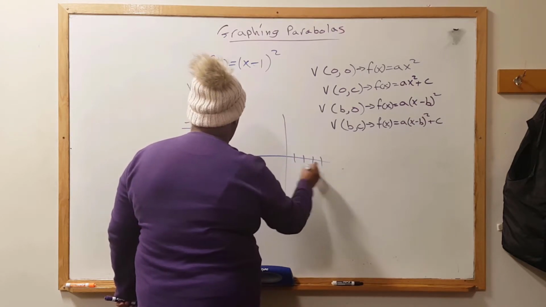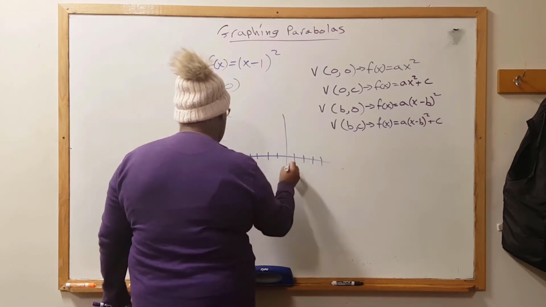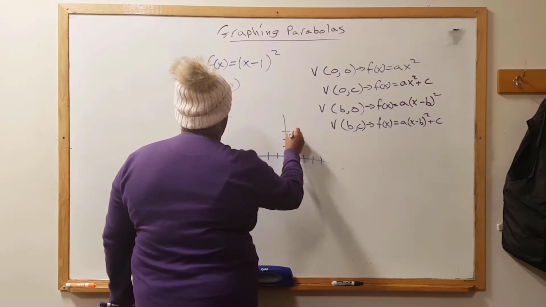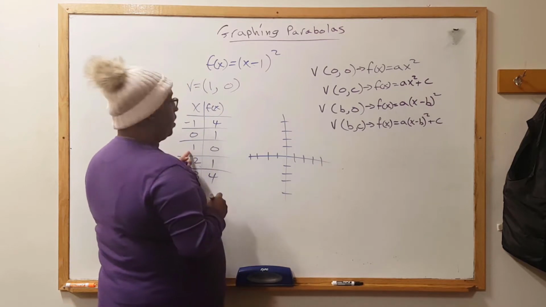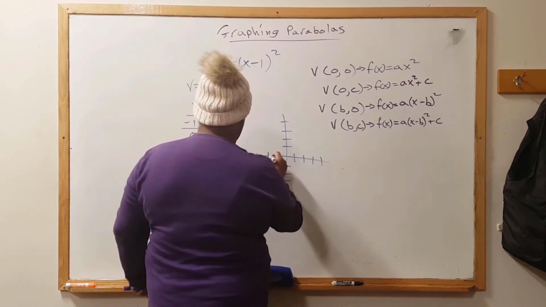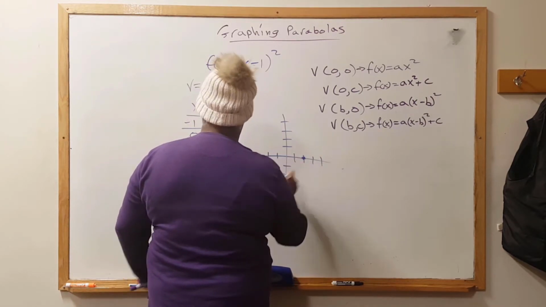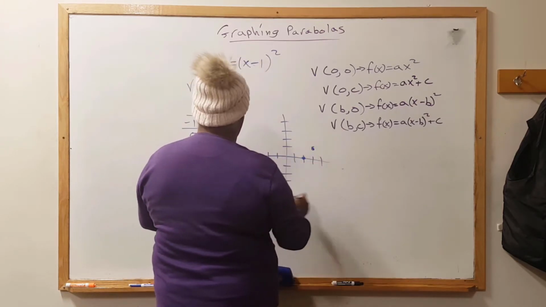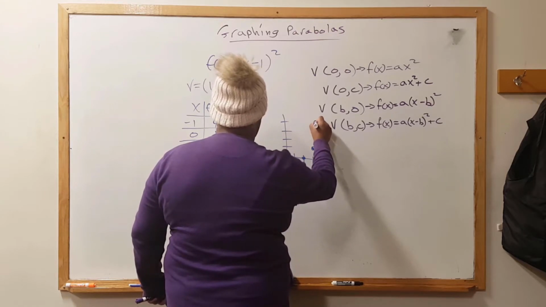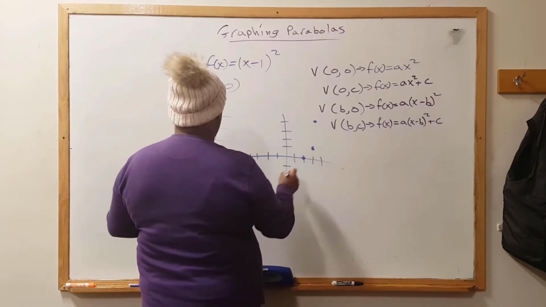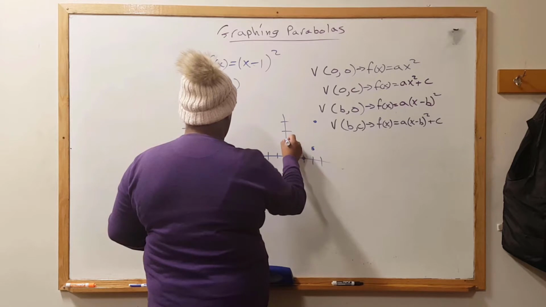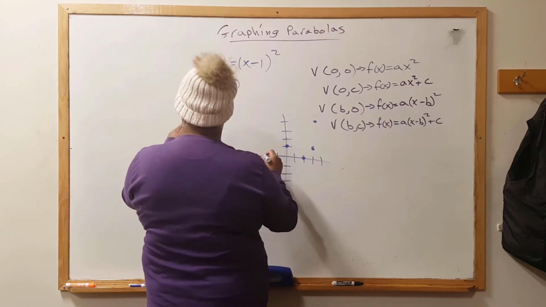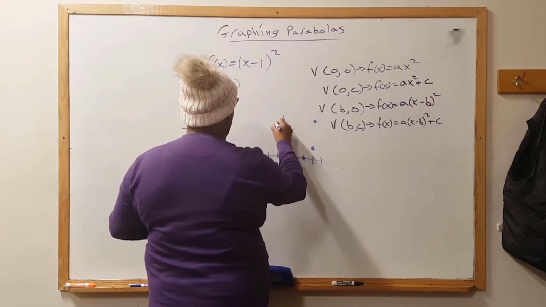We start out with the vertex, 1, 0. 1, 0 is over here, 2, 1 is here, 3, 4 is up here, and 0, 1 is right here, and then -1, 4 is over here.